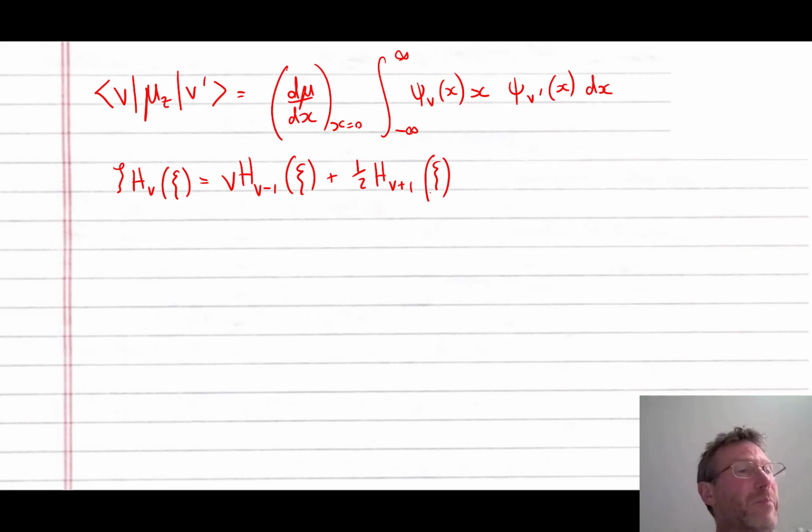So now let's start to expand this. What we're going to recognize in here is that we've got this wave function multiplied by x. We're going to replace that with (xi over alpha)^(1/2) N_v H_v e^(-alpha x^2/2).